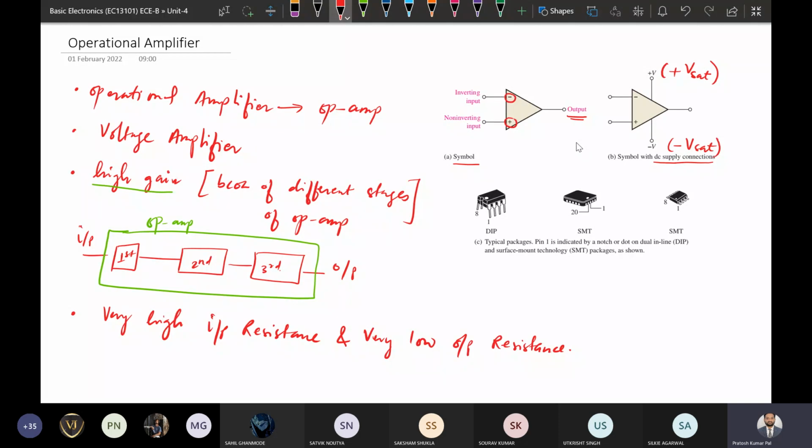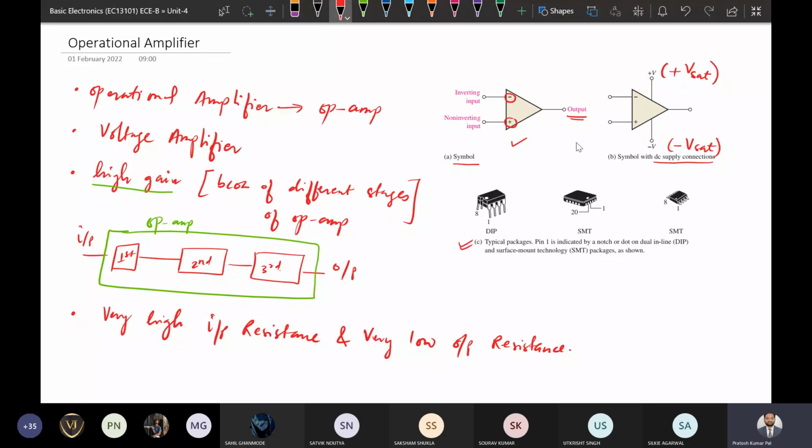This is the basic of operational amplifiers, where this will be representing the symbol, and most frequently we will be using this symbol only, but internally it has two different biasings: plus V, also called plus V set, and minus V, also called minus V set. It is fabricated by different technologies.